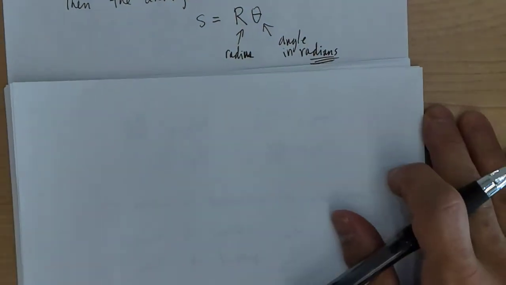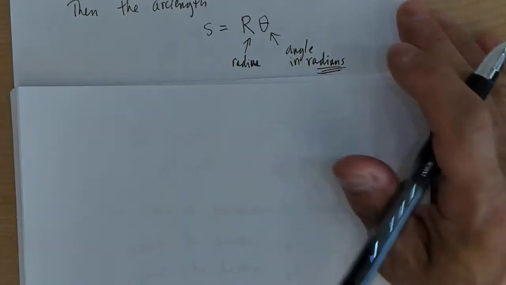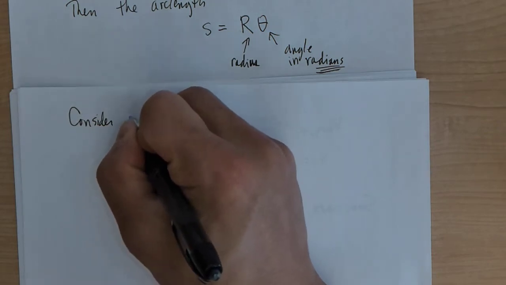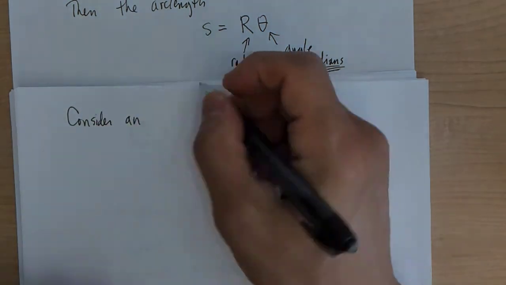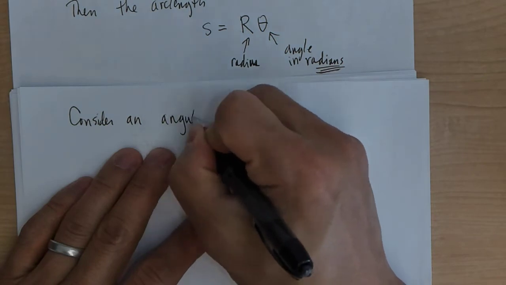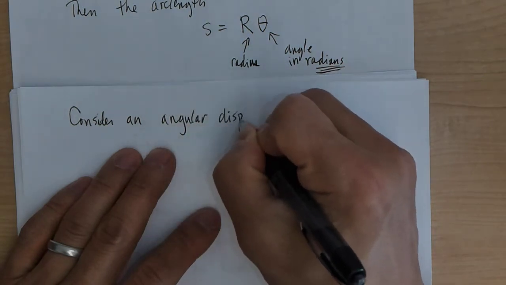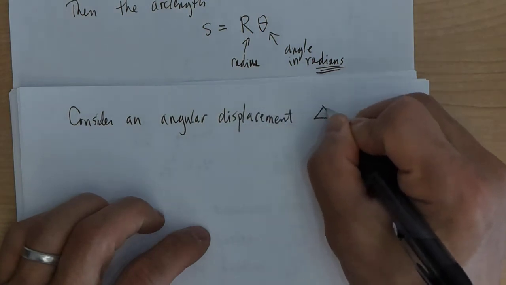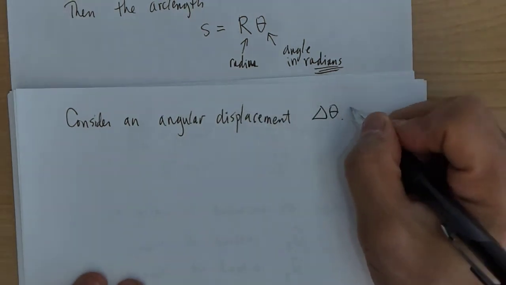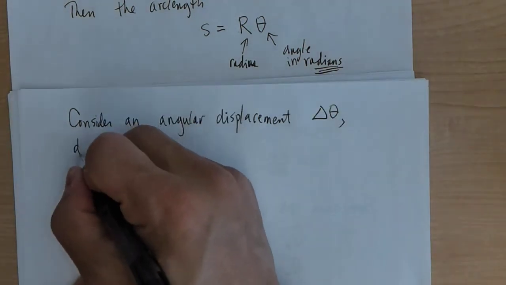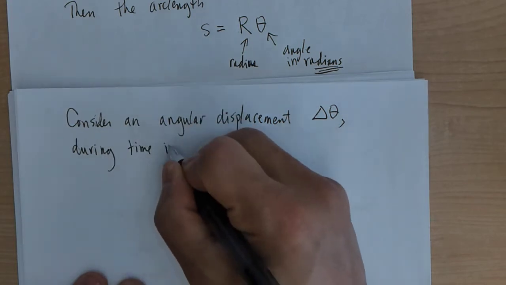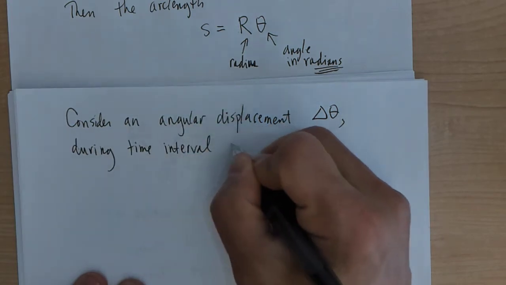Okay, now let's consider a change in the angle theta. Consider an angular displacement, delta theta, during time interval delta t.